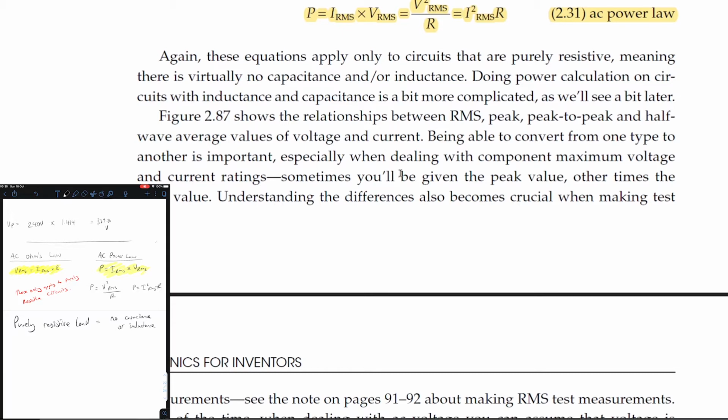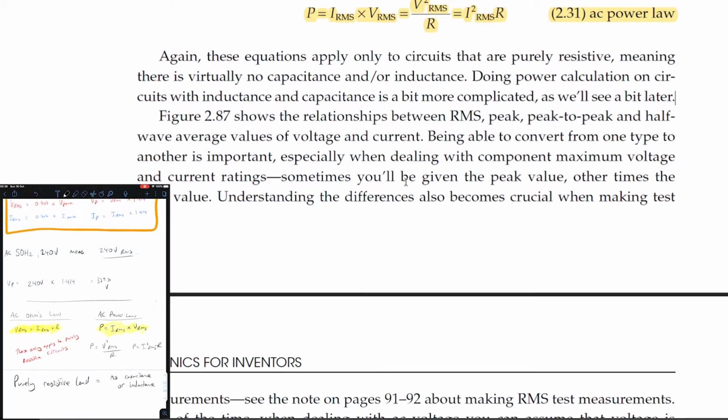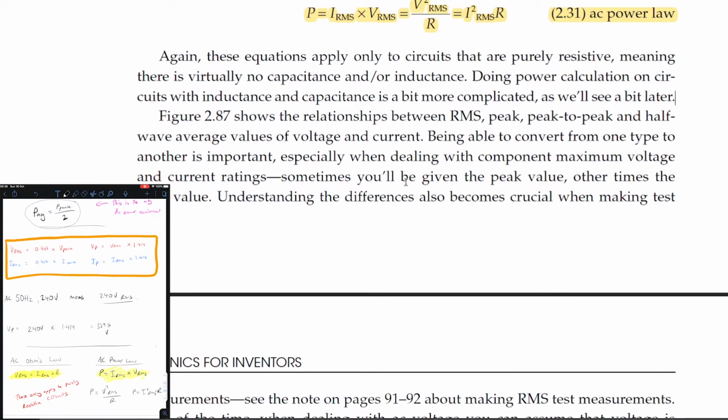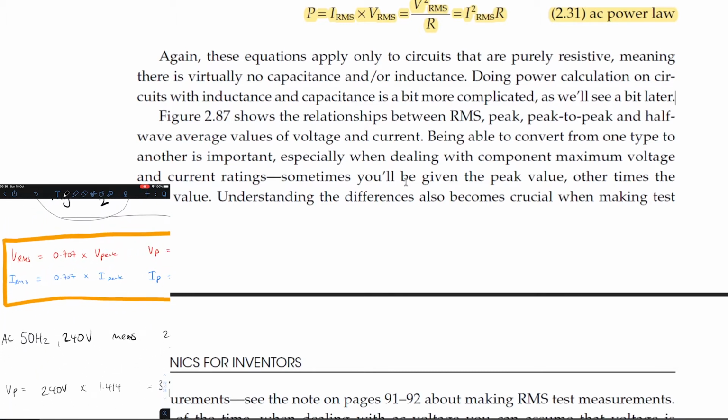Being able to convert from one type to another is important. One type of what? RMS to peak. Okay, yeah, got it. So being able to do VRMS is equal to 0.707 times the voltage peak. So they're talking about being able to convert from peak voltage to RMS voltage. And I don't know how you'd get peak to peak or half wave.